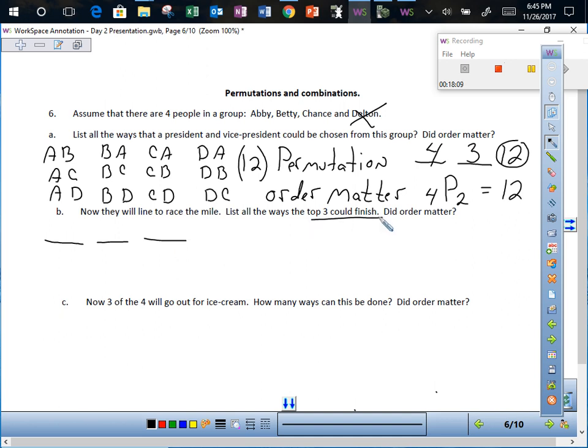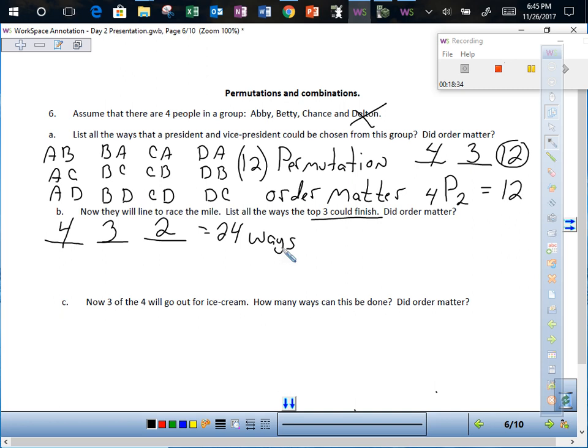We're assuming no ties. 4 people could win it. After we know the winner, I've got 3 people fighting for second. After I know who's second, I still got 2 people fighting for third. 4 times 3 times 2 tells me that there's 24 ways they could finish first, second, and third in the mile.